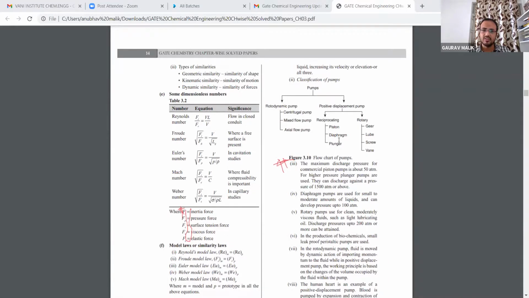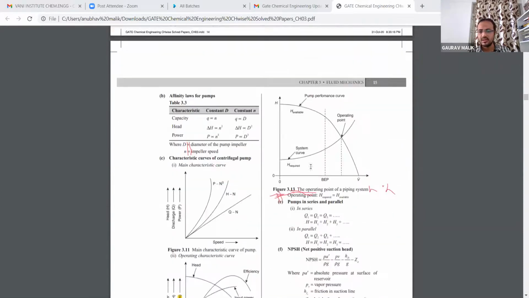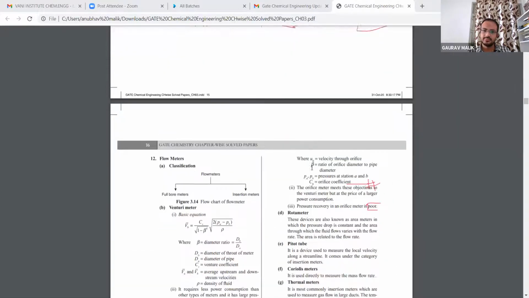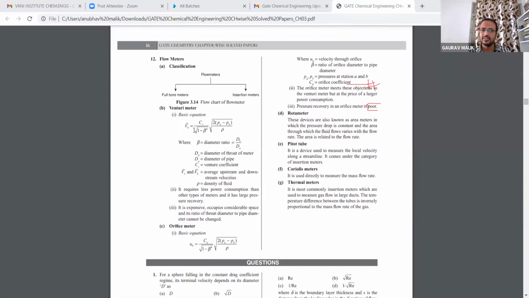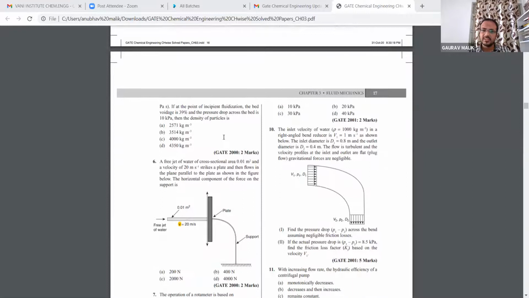Complete classification of pumps, characteristic curve of a pump, orifice meter, flow meters, full bore meter, insertion meter, then questions from the last 21 years.